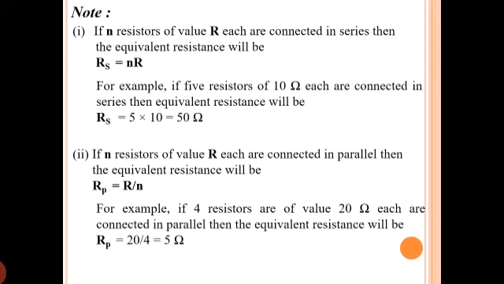For example, if we have 4 resistors and each value is 20 ohm, and they are connected in parallel, then the equivalent will be 20 upon 4, that is 5 ohm. So this shortcut method you can apply if we have resistors of the same value connected in series or parallel. In that case we need not go for the equation R is equal to R1 plus R2 plus something like that.